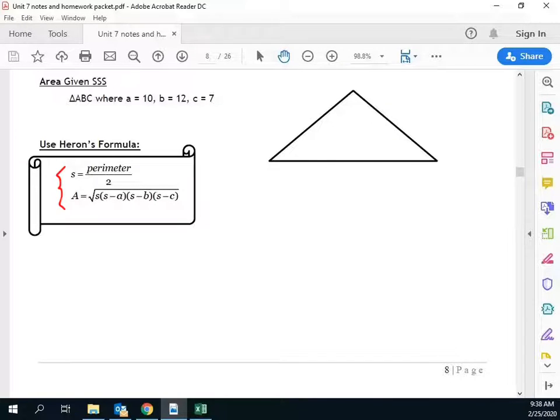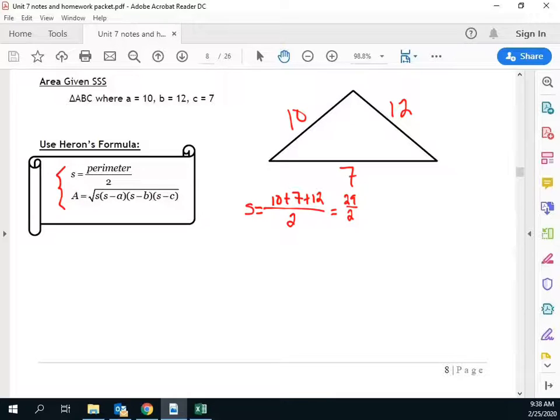So you got to find this variable called S. S basically means add up all the lengths of the sides. So if I was to label this, find the perimeter. So S is equal to 10 plus 7 plus 12, and then divide it by 2. So you end up getting what? 29 divided by 2.